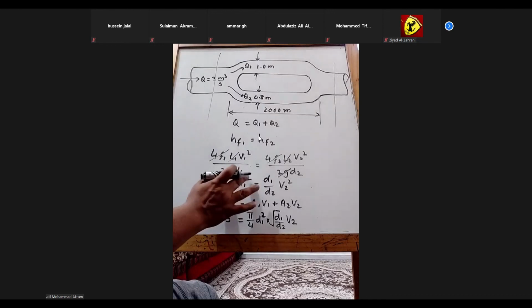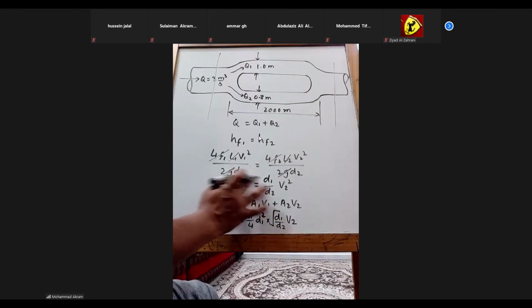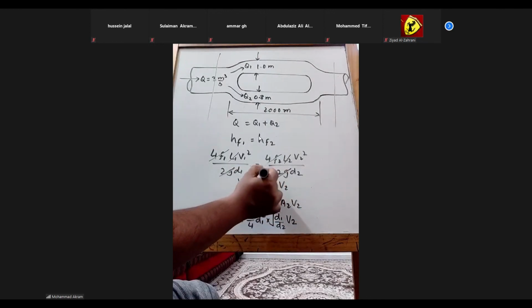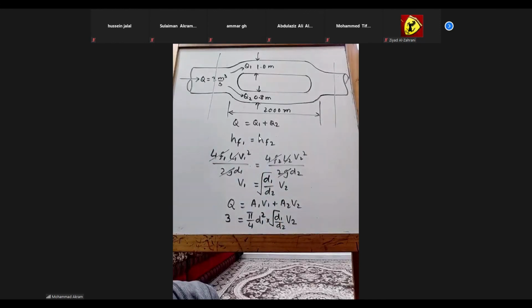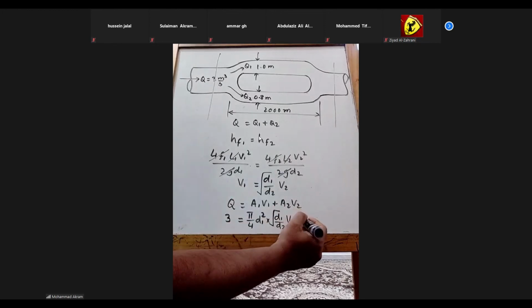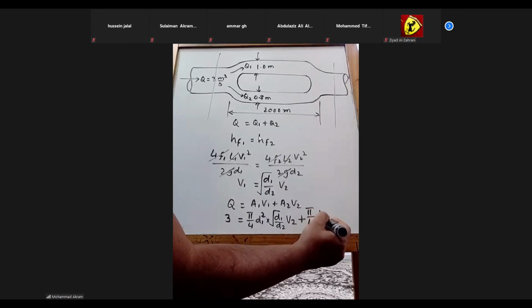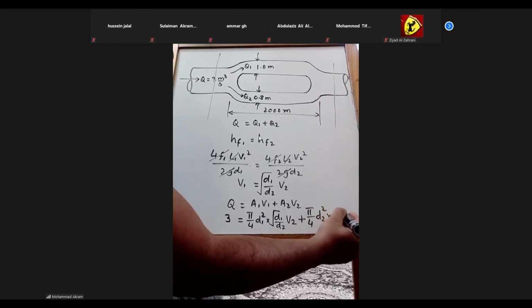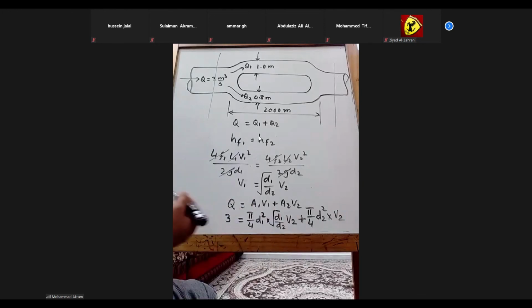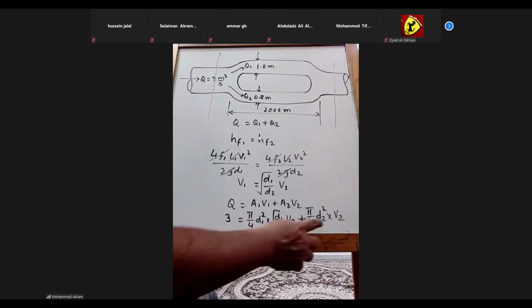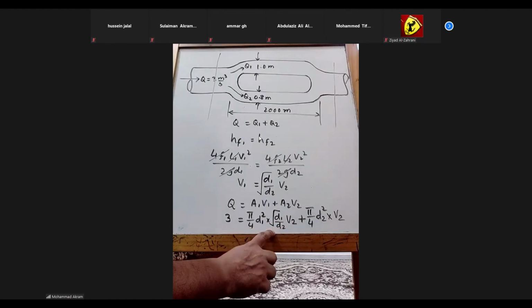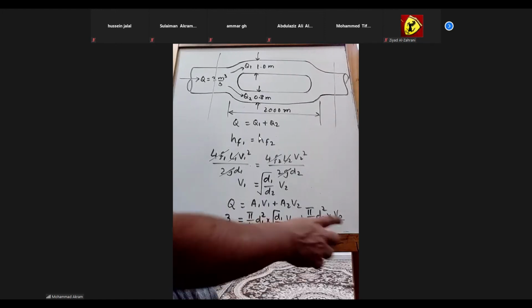If I take the square root on both sides, the square will go and this will come in square root. So V1 equals under root of D2 over D1 times V2, plus pi by 4 D2 square into V2. D1, D2 are given. What is the only unknown here? Only unknown is V2.